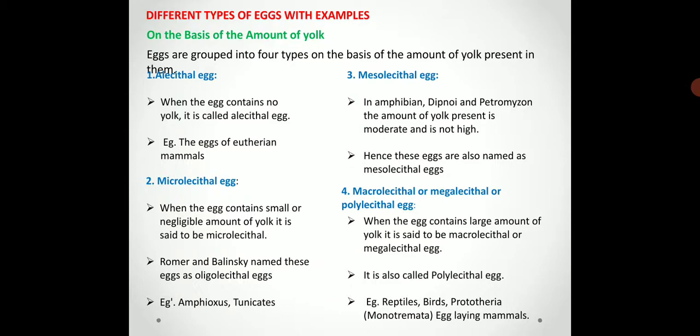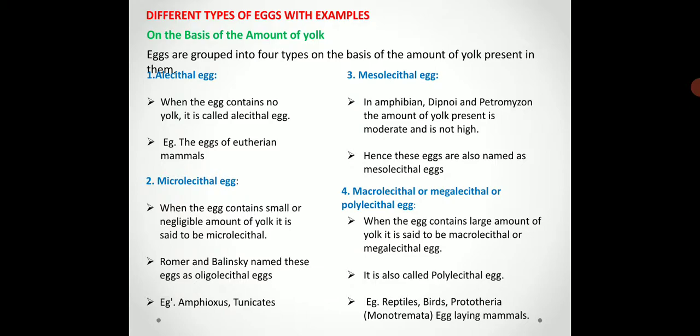First, on the basis of amount of yolk, the eggs are grouped into four types: the first one is Alecithal egg, second is Microlecithal, third is Mesolecithal, and the fourth is Macro or Mega or Polylecithal egg.